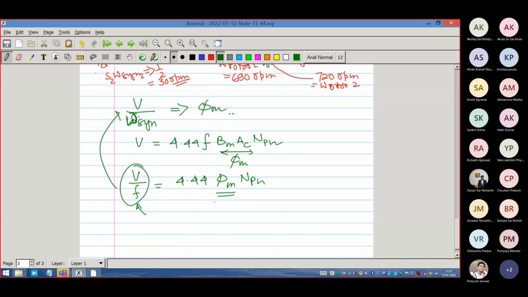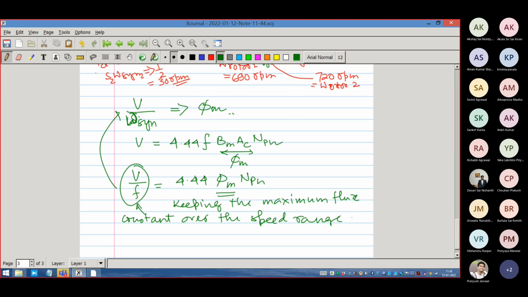You are not changing the flux level of the machine. You are keeping the maximum flux constant over the speed range. Any speed you operate in the speed range, you have to adjust the voltage and frequency in such a way that the flux level is constant.